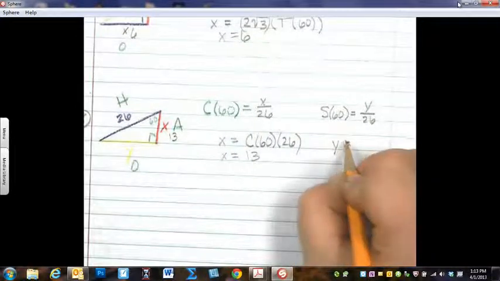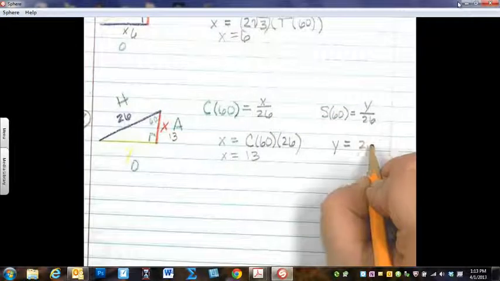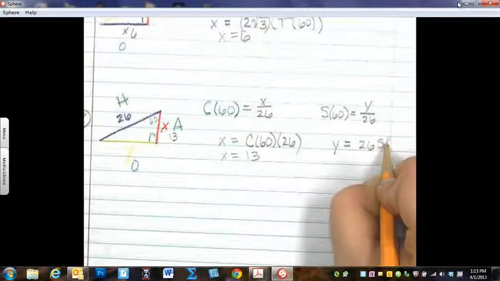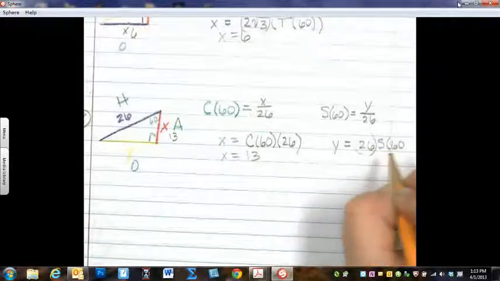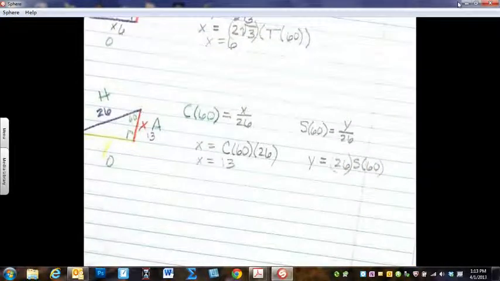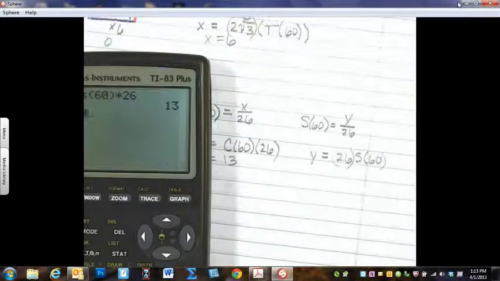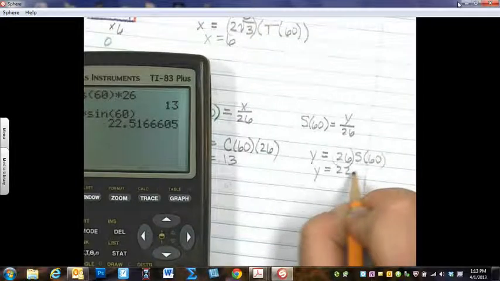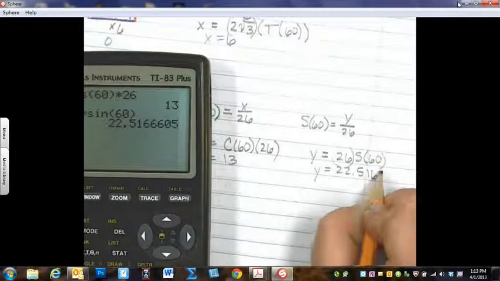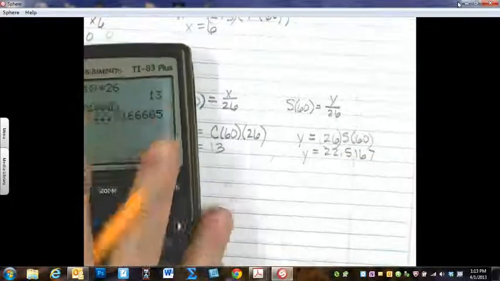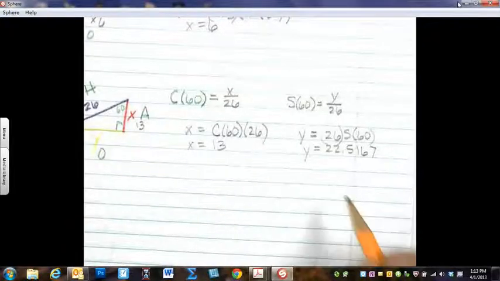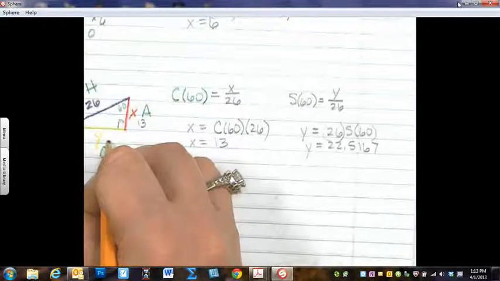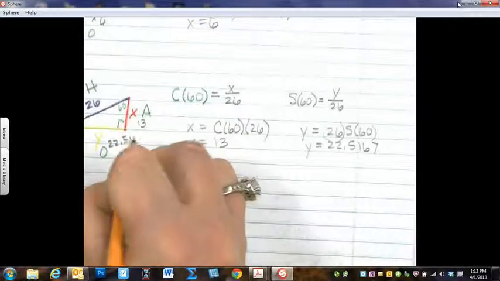I know y equals 26 times the sine of 60. Put that in your calculator. Y equals 22.5167. I'm just going to round that there. So that's the length of this side, is 22.5167.